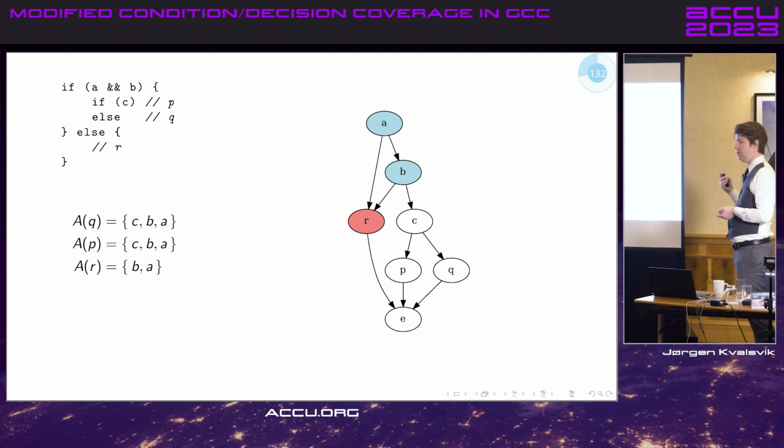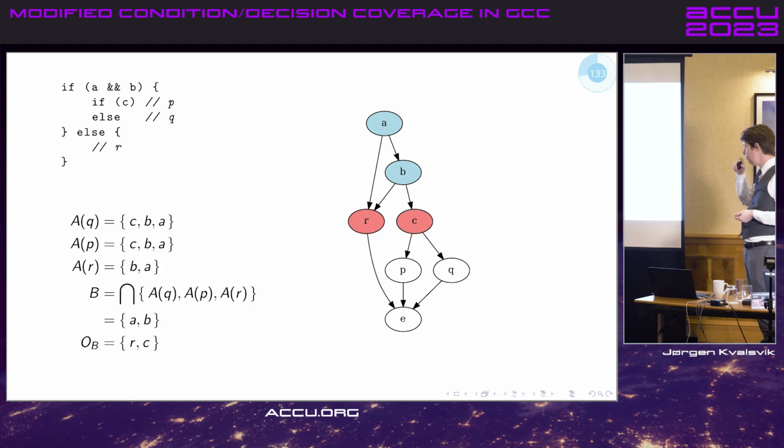But R, which is also reachable through only condition edges, its ancestors are only B and A. Well, it turns out that if you just take the intersection of these sets, you get the minimal expression they all have in common, which has to be the first uninterruptible sequence, which has to be the first expression, right? So in this case, that's R and C. It's pretty easy to implement once you realize that.